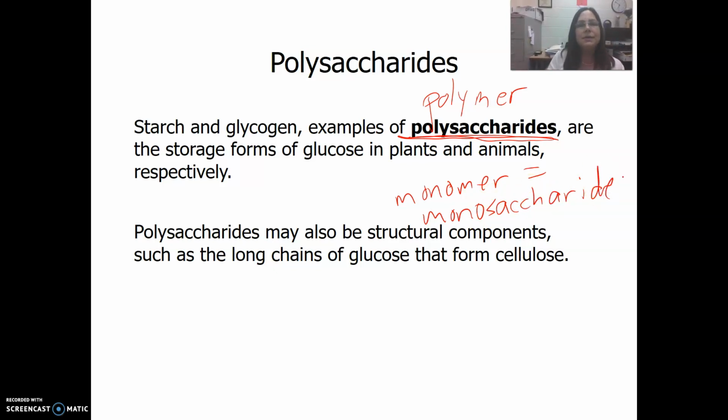Okay, two examples of polysaccharide are starch and glycogen. Starch is the storage form of glucose in plants. We find a lot of starch in plant roots like potatoes and carrots, beets, rutabagas, turnips. And glycogen is the storage form of glucose in animals.